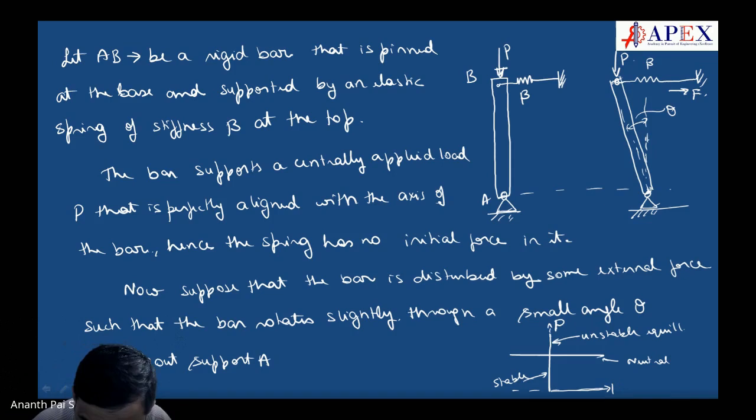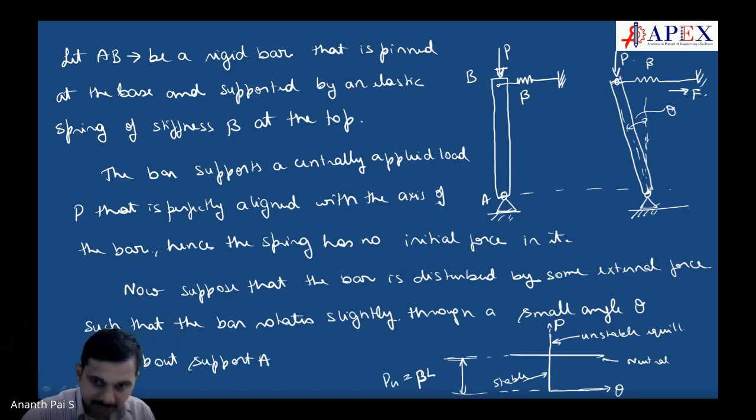It varies based on P critical, which depends on beta. So P critical is equal to beta into L. This is called the bifurcation diagram. The higher the beta, the higher it will rise. The lower the beta, the lower it will come down. Fine. So write this somewhere, okay? And this is theta.